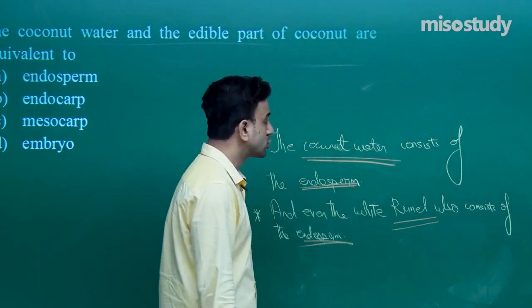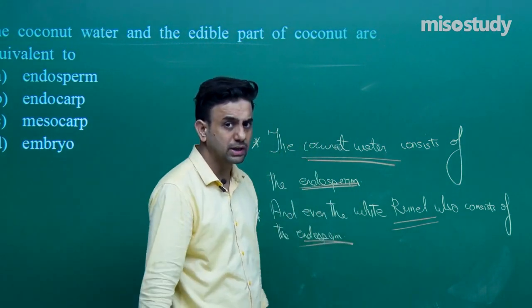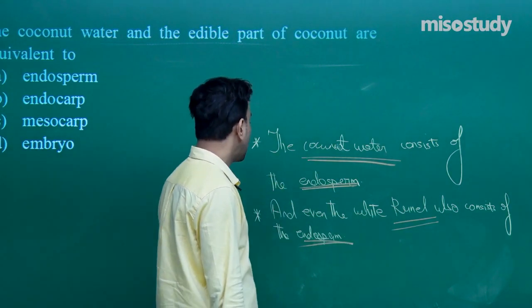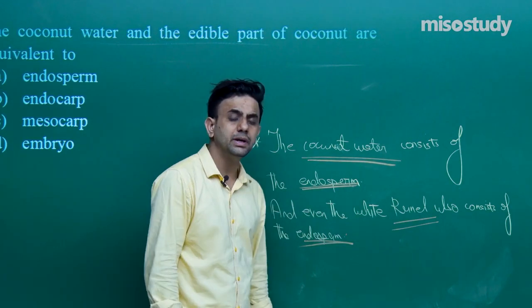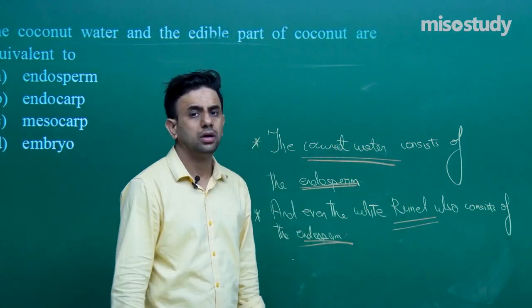Coconut is a true fruit. We will see that later on. I think there is a question regarding which of these will be a true fruit. So, the coconut water as well as the white kernel will be the endosperm.